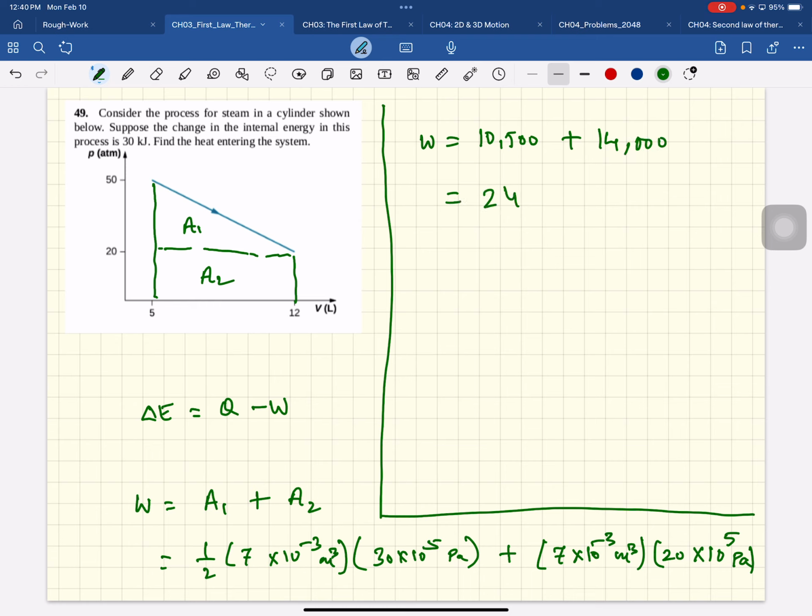It's 24,500 joules, 24.5 kilojoules. So the heat added to the system is delta E plus W, which is 30 plus 24.5 kilojoules.